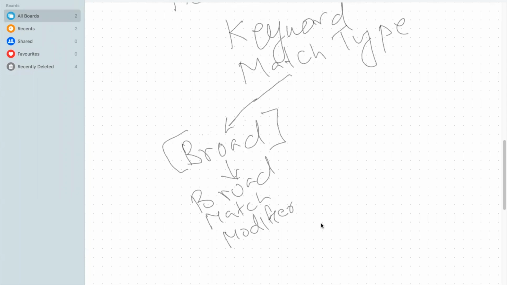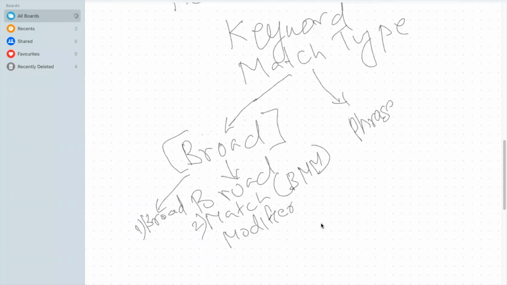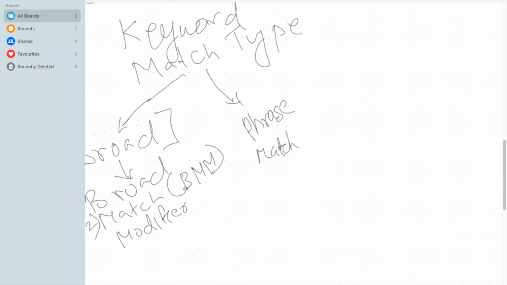So basically broad is there, and broad match modifier is also there, which we call in short BMM. Okay, and then there is phrase match, and last there is exact match.